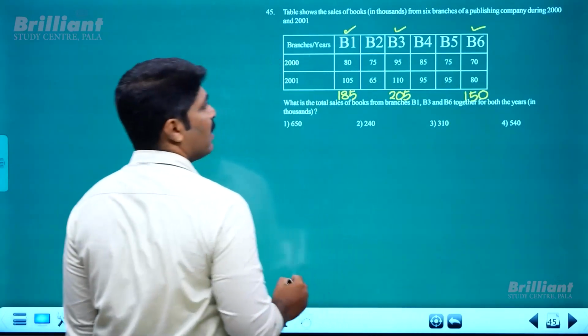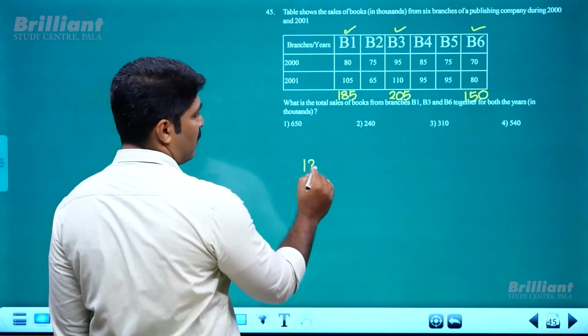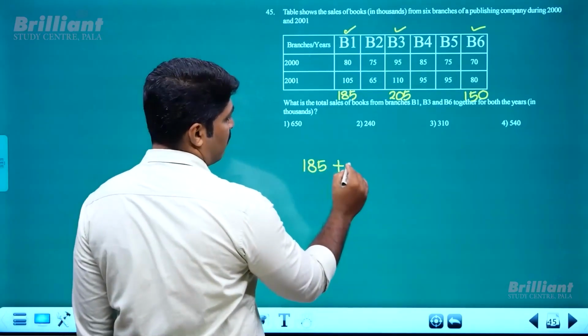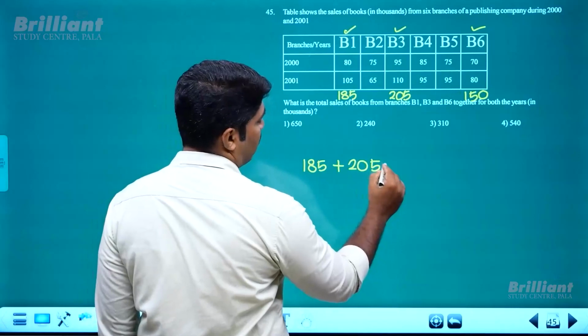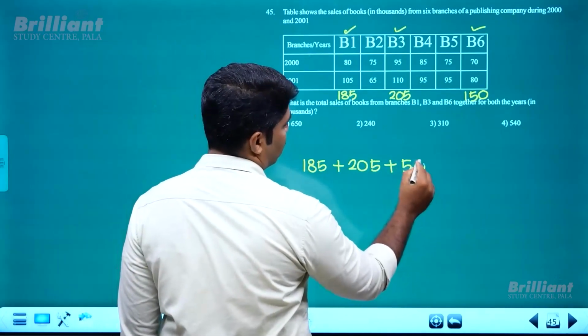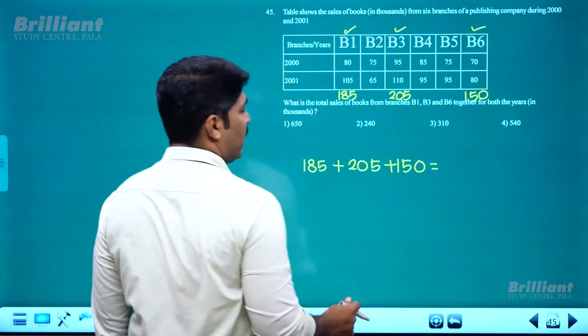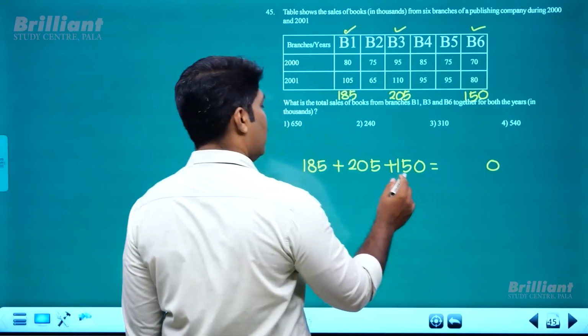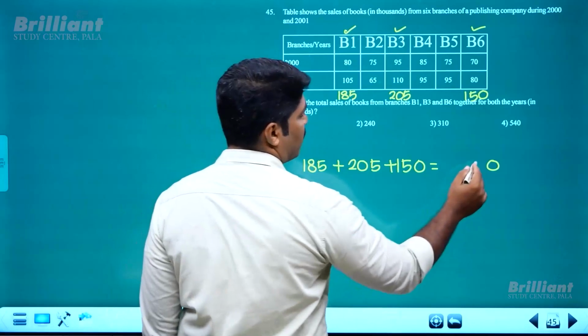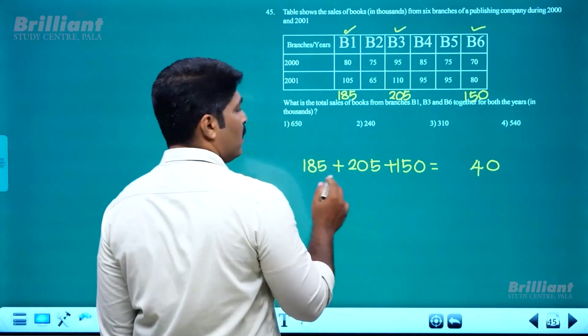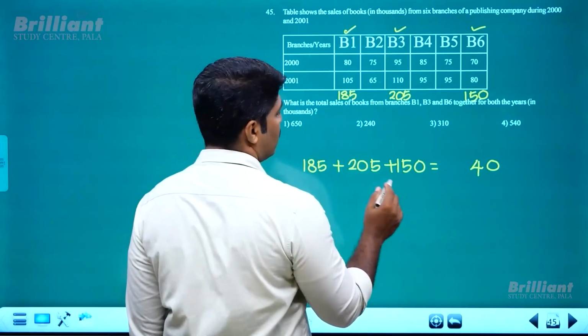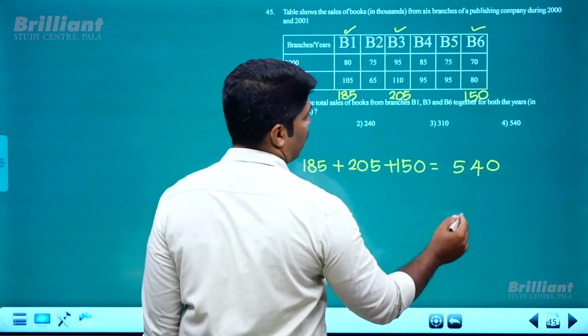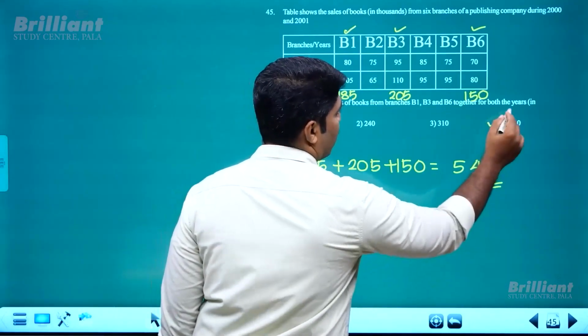Just add them together, our required sum is 185 plus 205 plus 150. 5 plus 5 is 10. 8 plus 0 plus 5, with the carry, and so on. So the answer is 540.